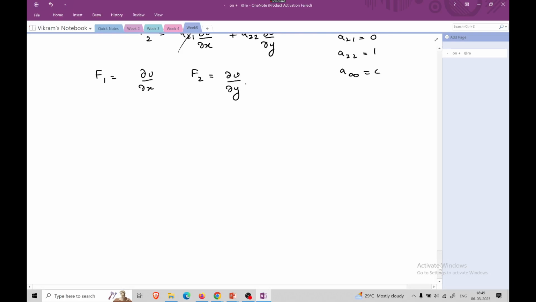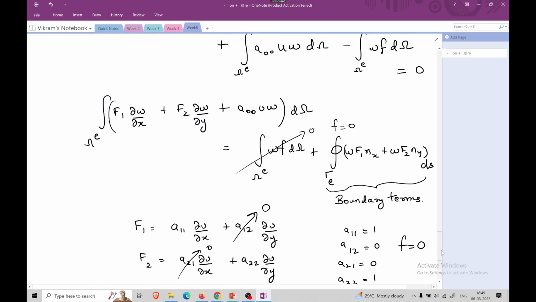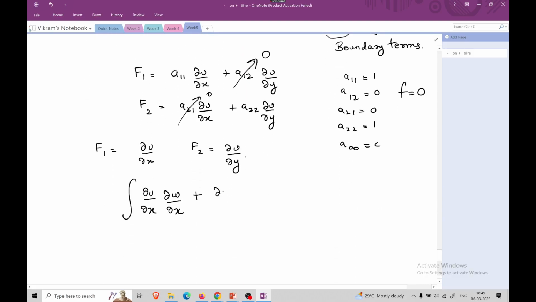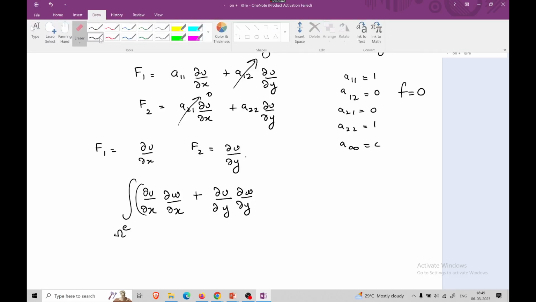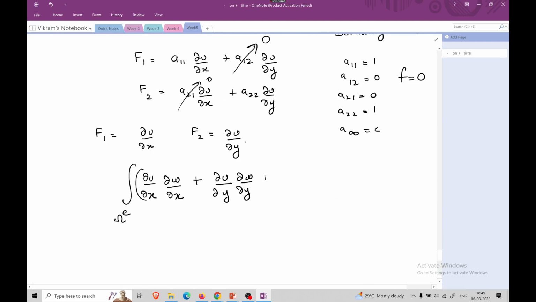So I substitute everything. The integral over the domain of dou u by dou x into dou w by dou x, plus dou u by dou y into dou w by dou y, plus A00 is C, which means c u w. Here d omega is simply dx dy, so I replace d omega by dx dy.